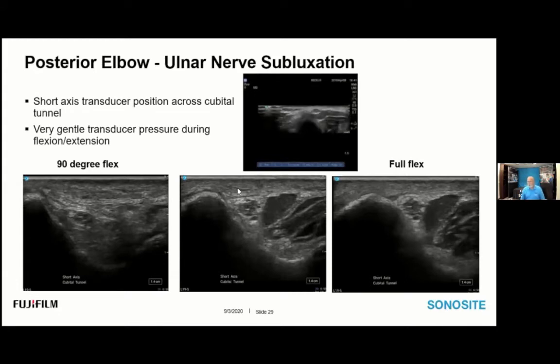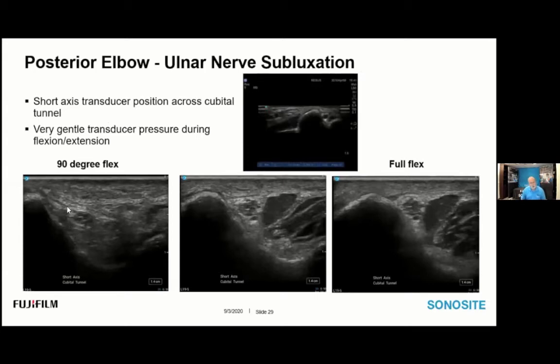In the series of images below, we're using a 19 megahertz small footprint transducer, and we can see Osborne's ligament, which houses the ulnar nerve and, when intact, prevents it from subluxation. Here we see from left to right the ligament in varying degrees of stress.